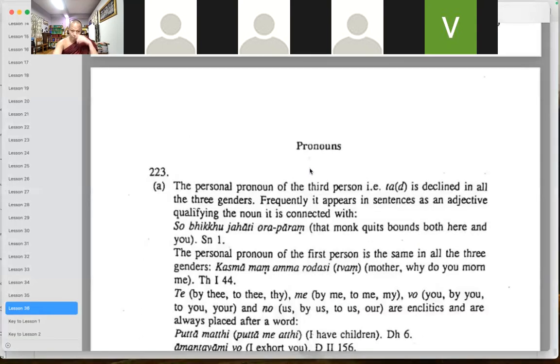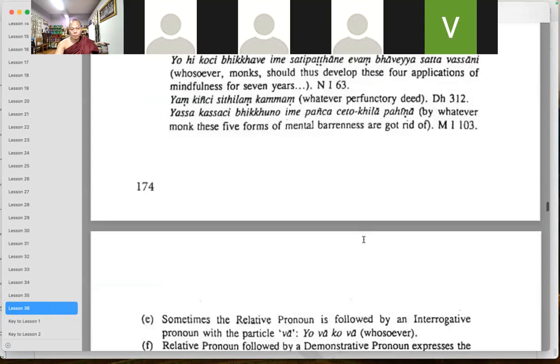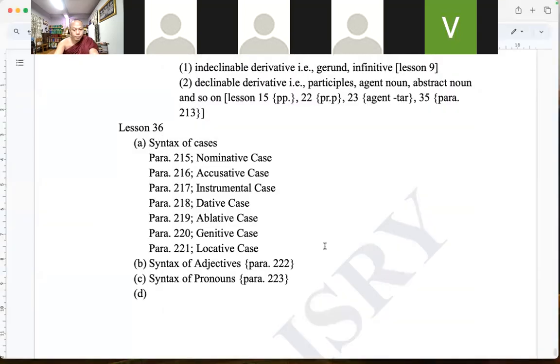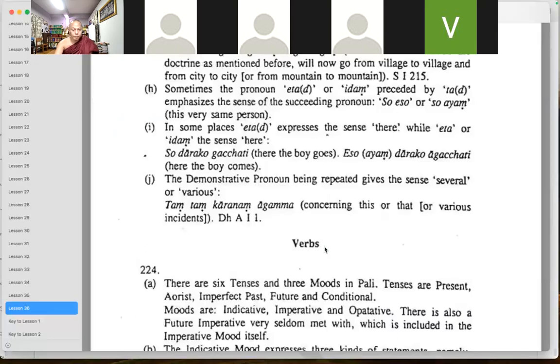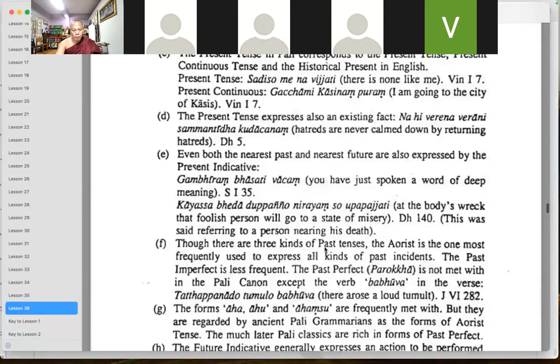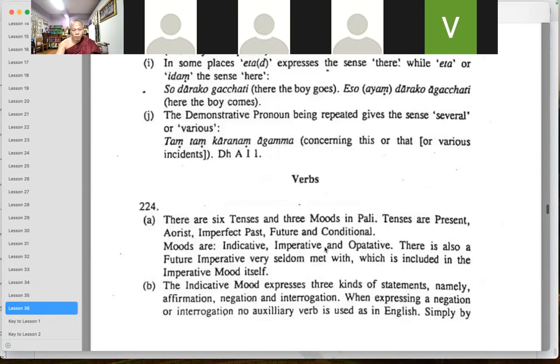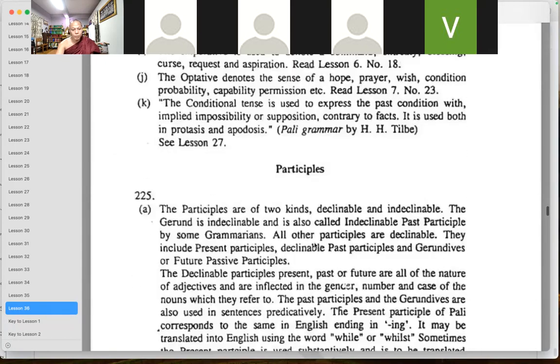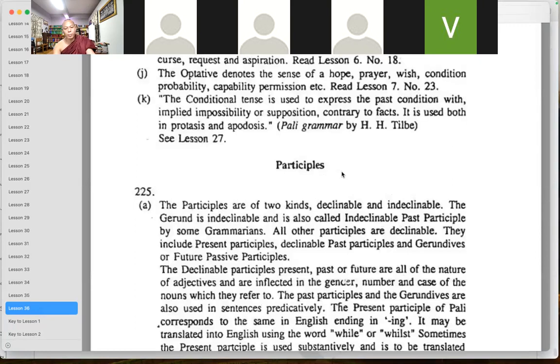And then next one is verbs, paragraph number 224. And 225 is the syntax of participles.